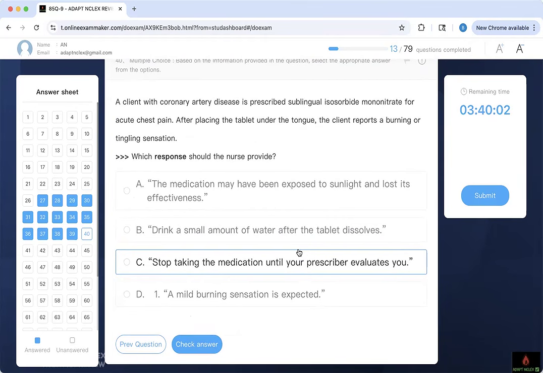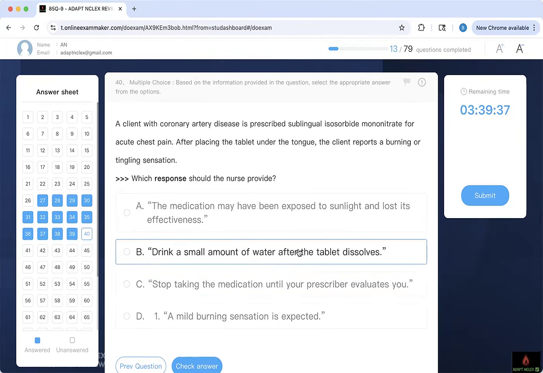The medication may have been exposed to sunlight and therefore it's not working. Drink a bunch of water after the tablet dissolves. Stop taking the medication until your prescriber evaluates you. A mild burning sensation is expected. Is this what you should tell the patient?